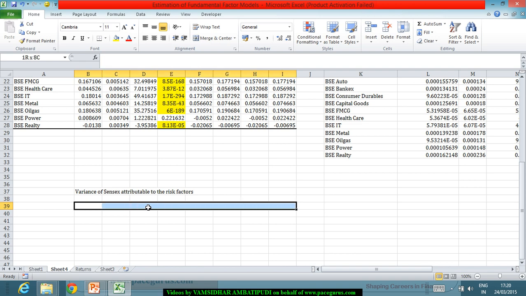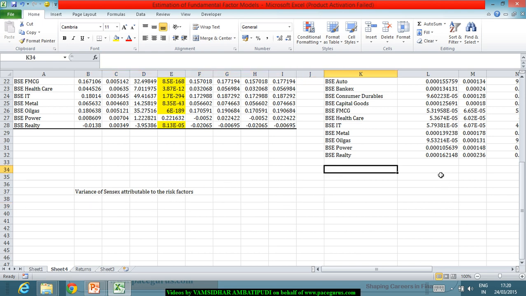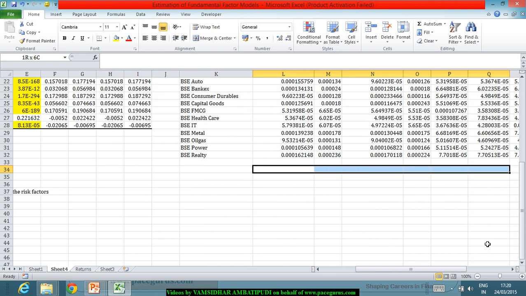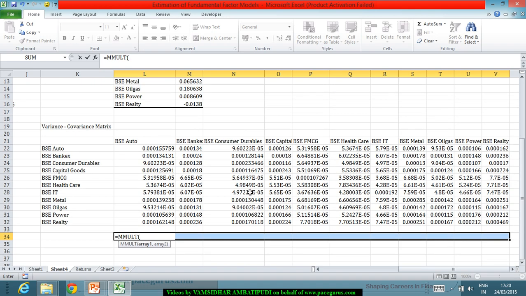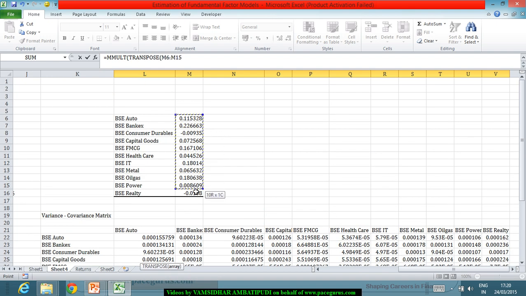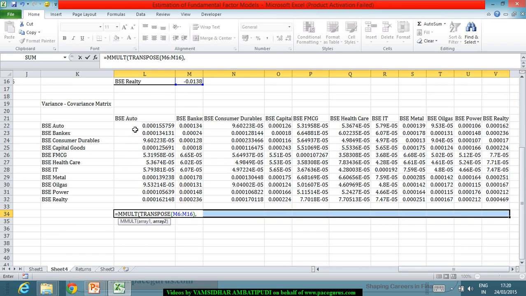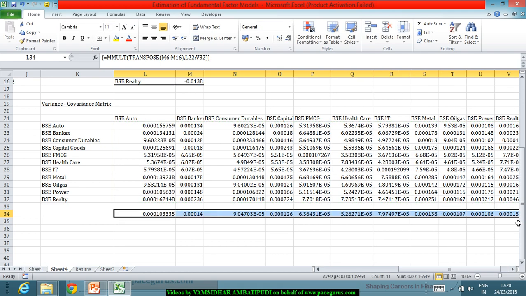Probably initially I'll do the multiplication for the first two elements, using MMULT between the beta transpose, which is the transpose of this, and the variance covariance matrix. This is my variance covariance matrix. So this comes as the first step.